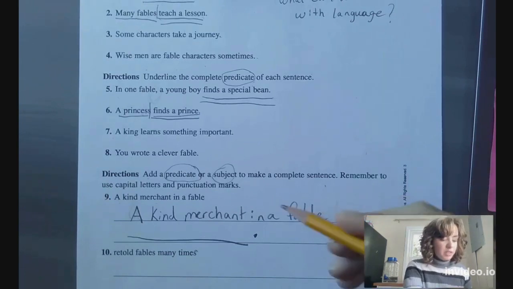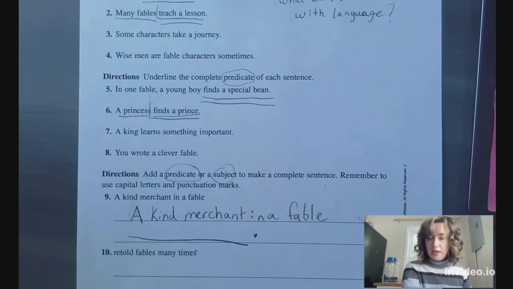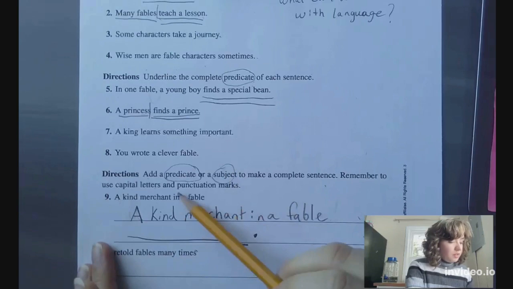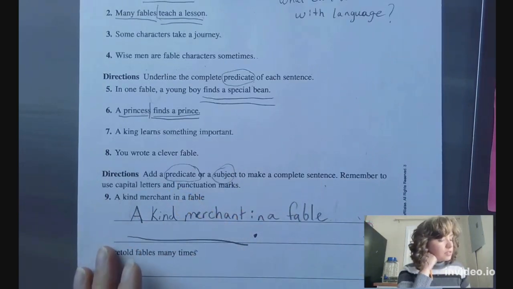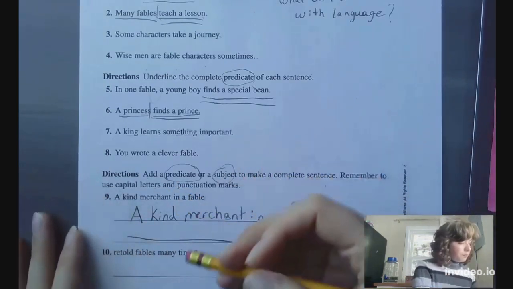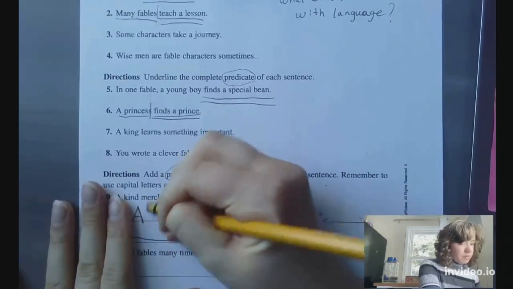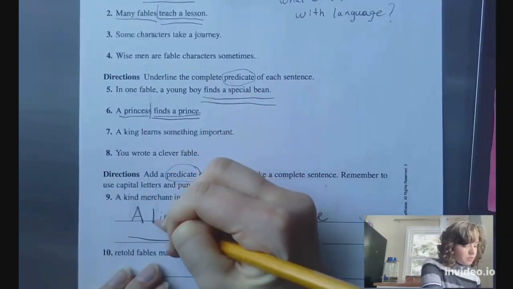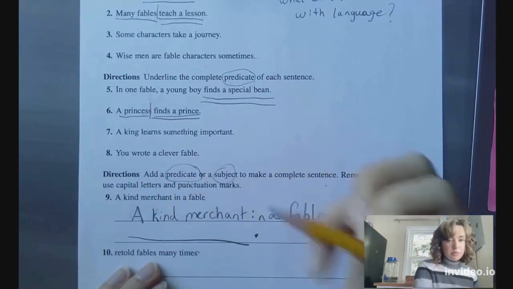If you were writing something incredible, you might want to include an exclamation mark to say how exciting it is that he's selling a panda or a T-Rex. Let's see. Also, remember to use your best penmanship.